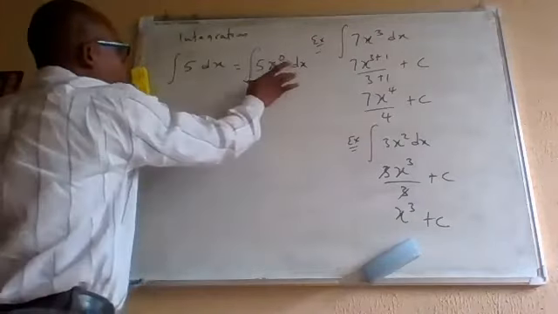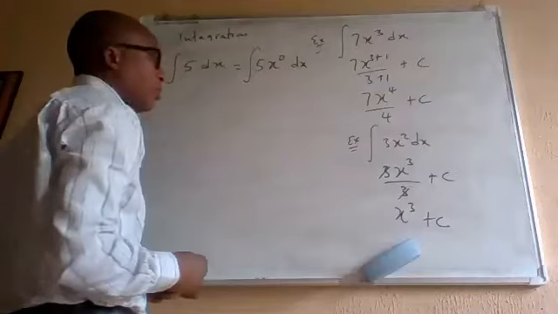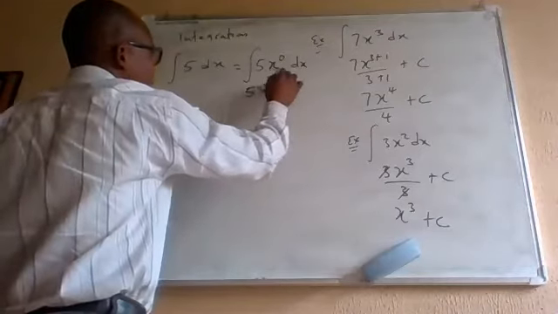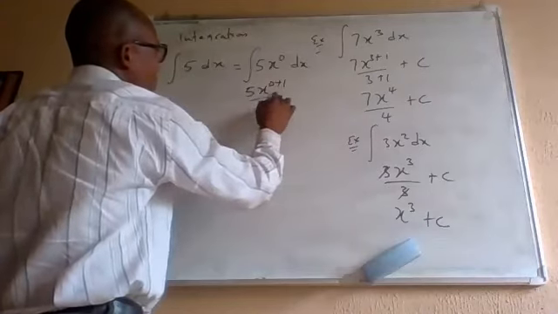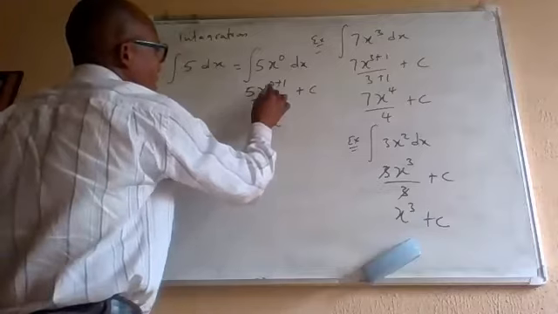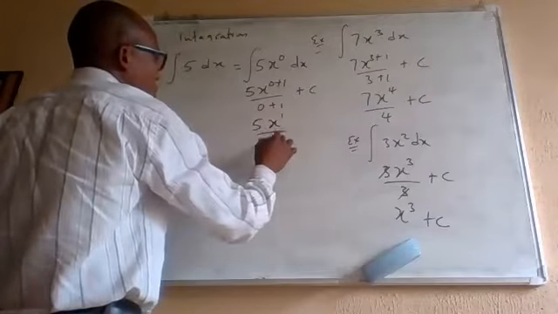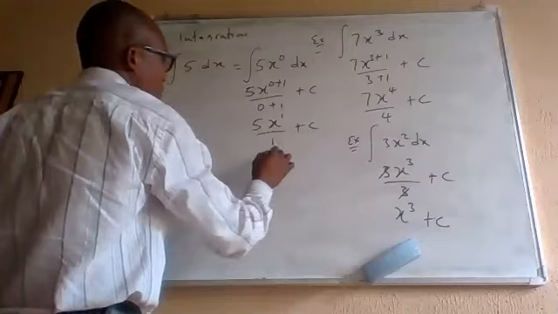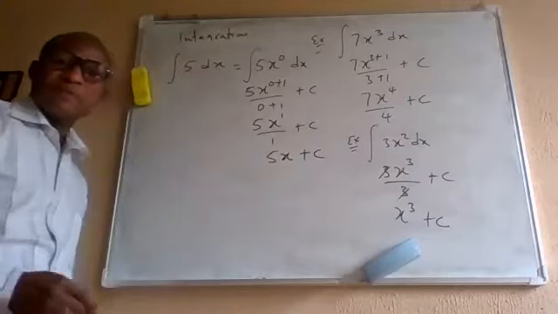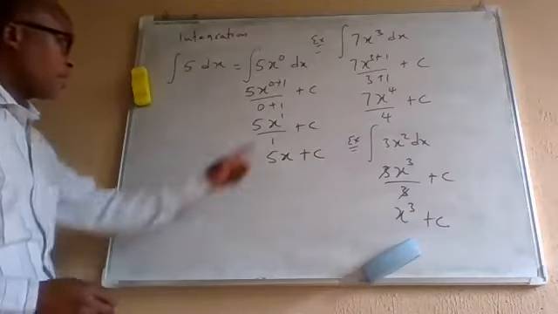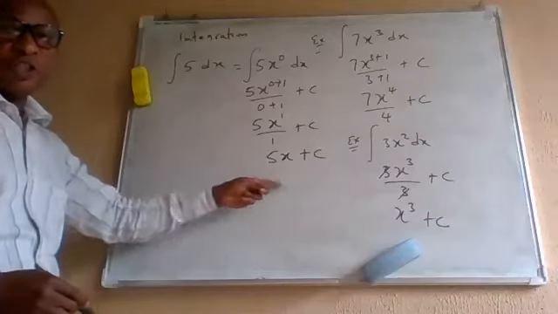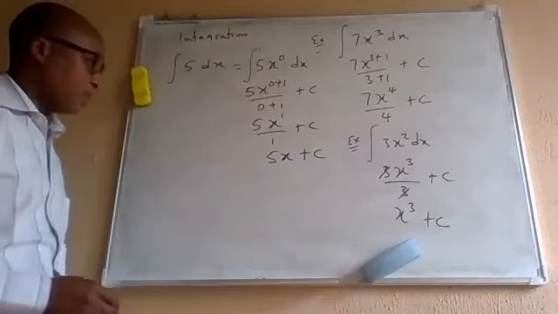So I will now integrate 5 s raised to power 0 by adding 1 to the power. So this will be 5 s to the power 0 plus 1, divided by 0 plus 1, plus c. 0 plus 1 is 1, and eventually this will give you 5s plus c. S raised to power 1 is s, and anything divided by 1 does not change the value.